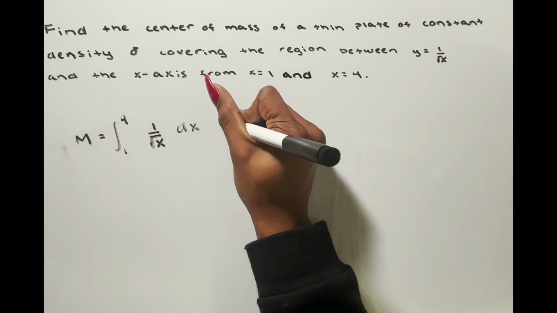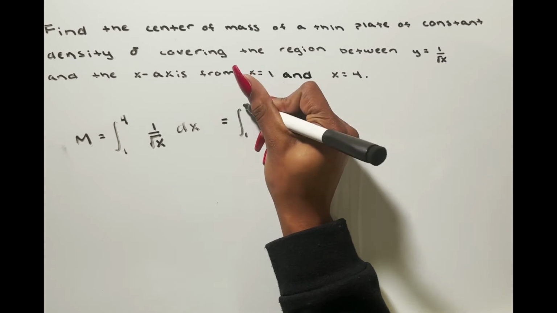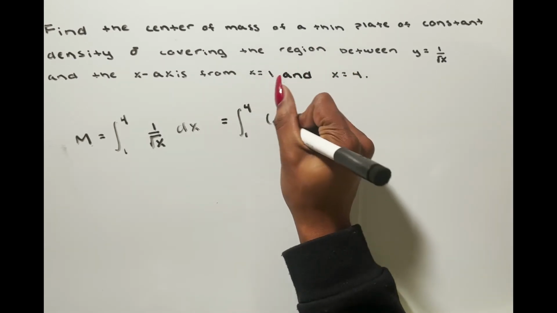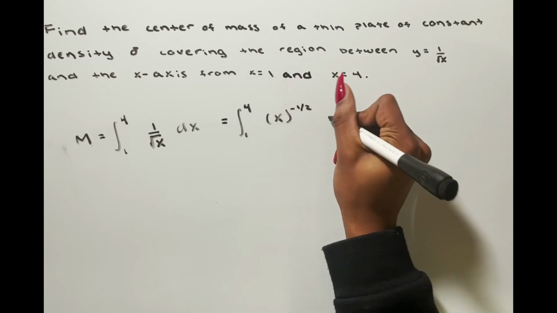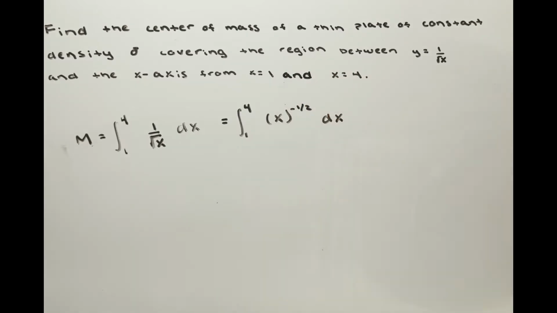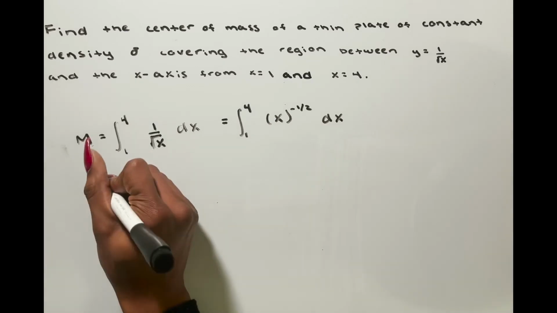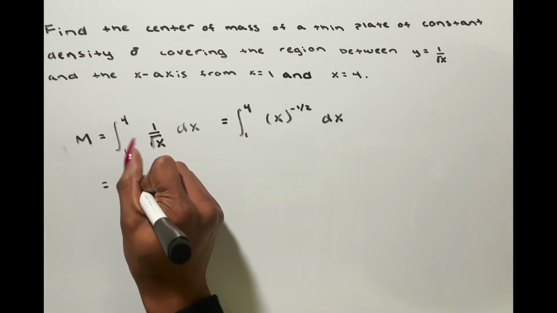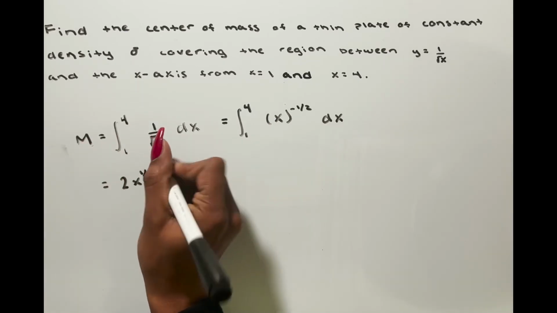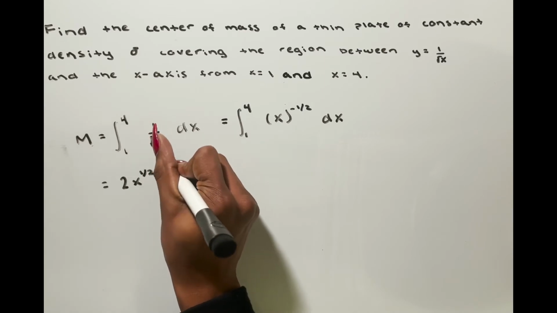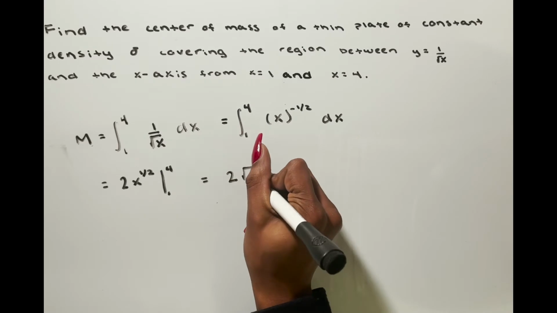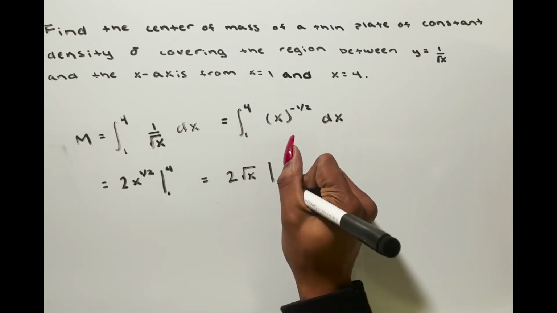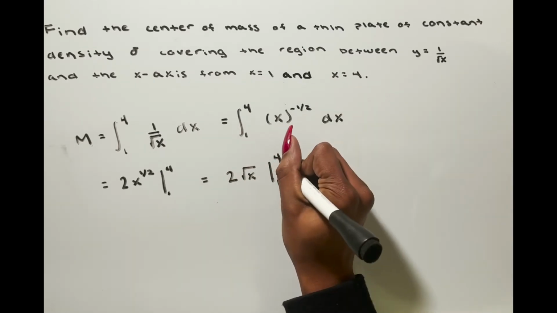Let's rewrite 1 over the square root of x as x raised to negative half. And solving the integral, we'll get 2x raised to a half, or otherwise we can rewrite this as 2 square root of x, and we'll evaluate from 1 to 4.